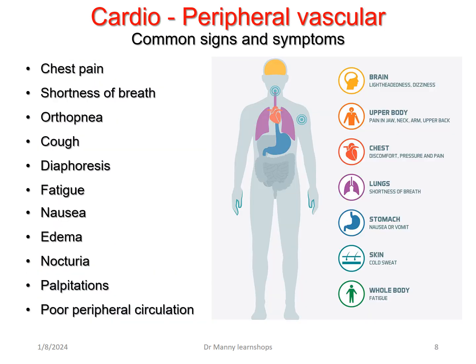Common signs and symptoms of the cardiovascular system being disordered could include chest pain, shortness of breath, orthopnea, cough, diaphoresis, fatigue, nausea, edema, nocturia, palpitations, and poor peripheral circulation.